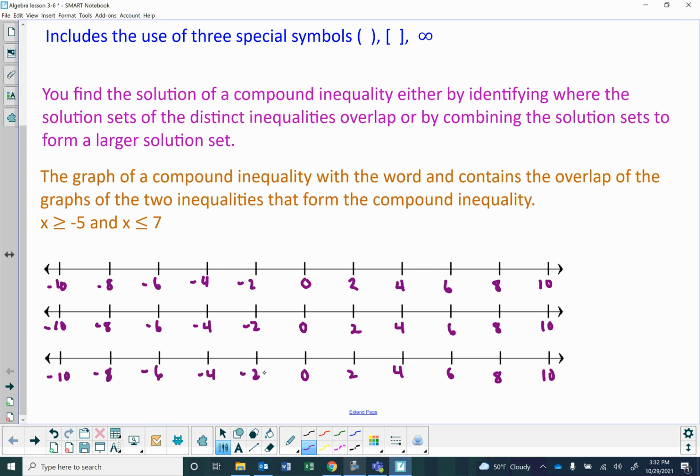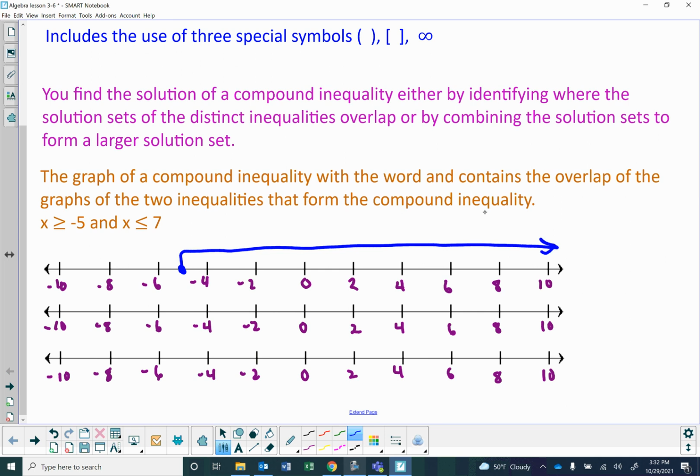Now that my graphs are labeled, let's take that first graph and graph x is greater than or equal to -5. I'm going to do it in a different color so it doesn't get mixed up with my purple. Well, -5 is halfway between -4 and -6, and it includes it, so it's here, which means this is going forever in the right-hand direction, getting bigger.